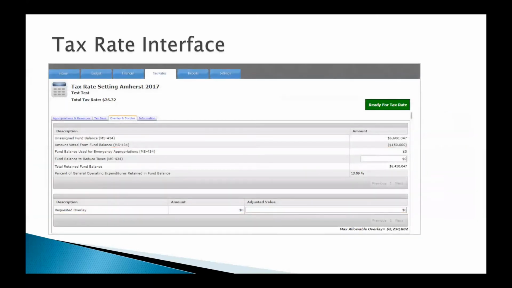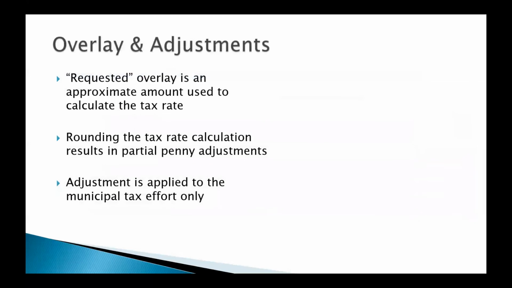So again, taking a look at that overlay and surplus tab, this is where you make your adjustments to fund balance to reduce taxes, and here is where you make your adjustment to your overlay. And again, hitting that calculate button will recalculate your tax rates for you. So let's take a look more at the overlay and adjustment.